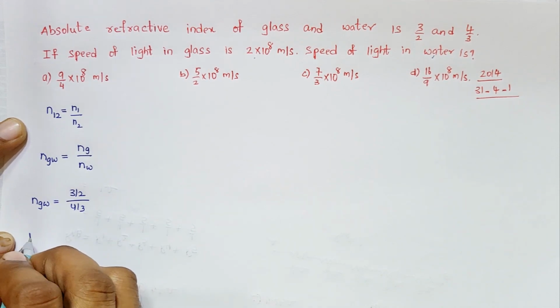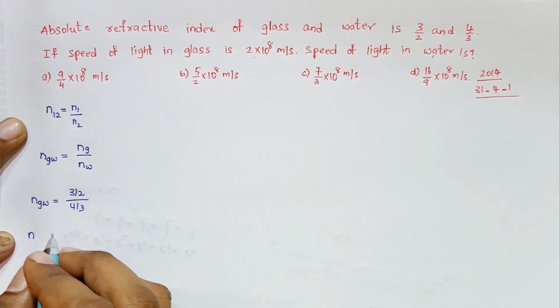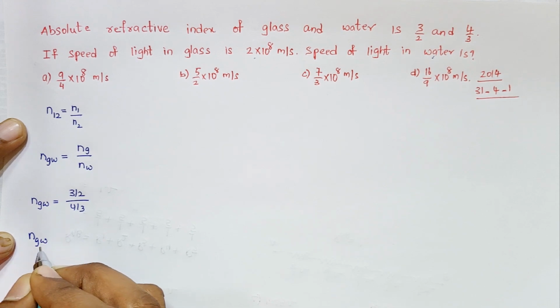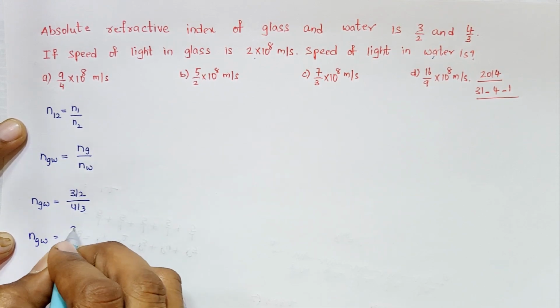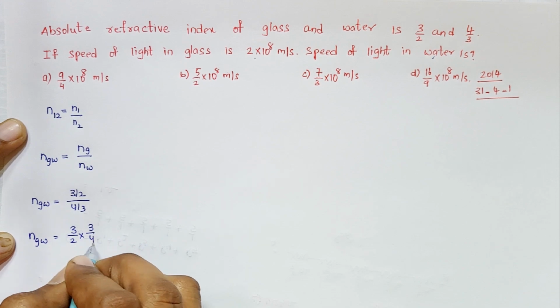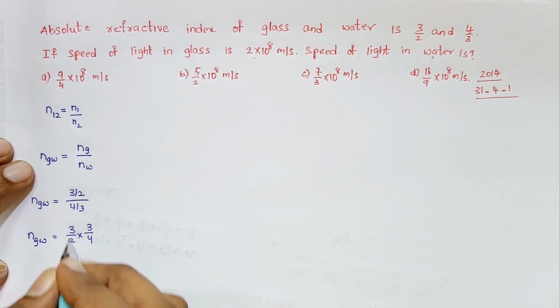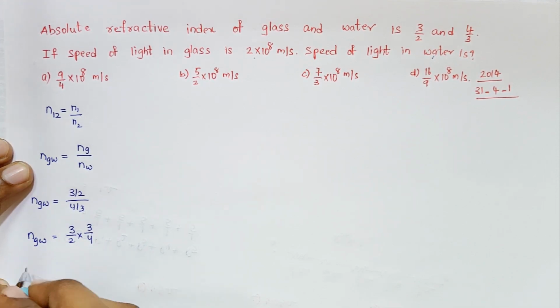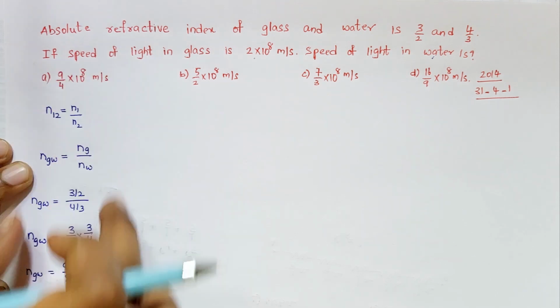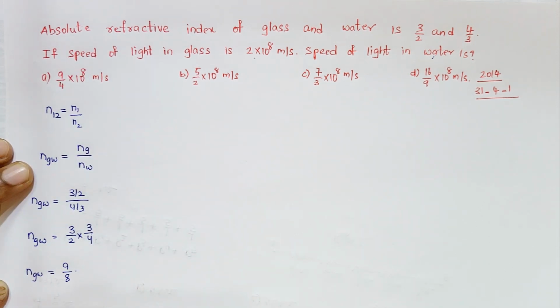So I'll send this 4 by 3 to the numerator. It becomes 3 by 4. So refractive index of glass with respect to water will be equal to 3 by 2 into 3 by 4. So 3 into 3 is 9, 2 into 4 is 8. So refractive index of glass with respect to water will be equal to 9 divided by 8. This is one formula to relate the refractive index of glass with respect to water.